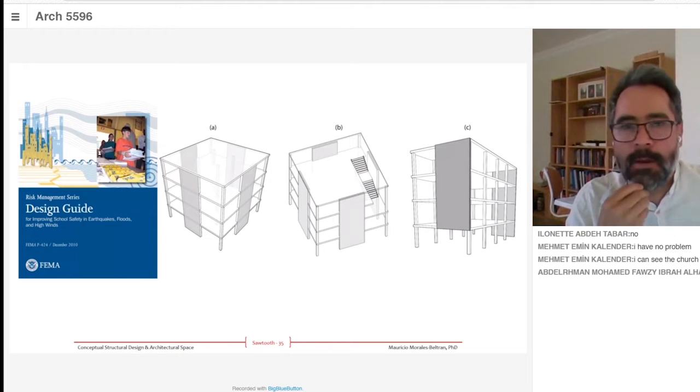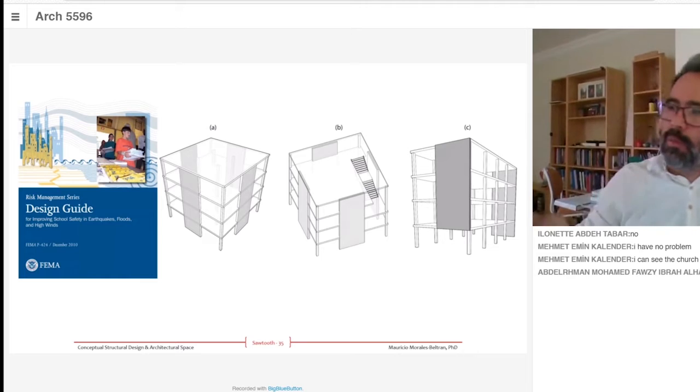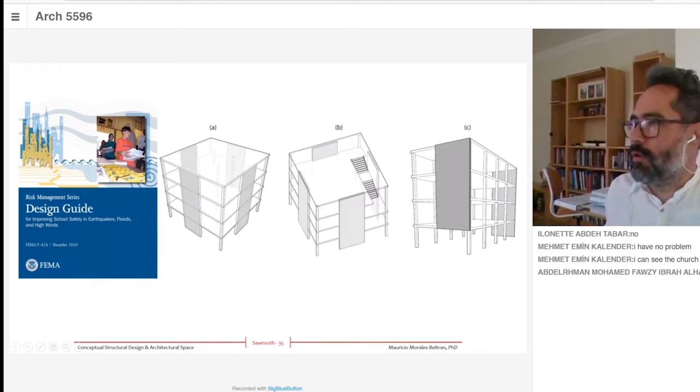The problem is that the principles behind these earthquake-resistant buildings, some of which can be seen here in this A, B, C. A is what you are showing there? You can say that the structural elements should be symmetrical, that you should try to avoid random openings like this one.